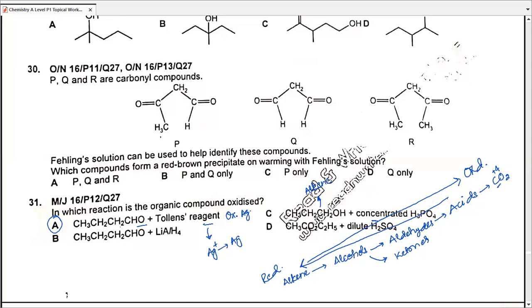Since this converts an alcohol into an alkene, this is definitely a reduction because a reducing agent is involved. And this one is also reduction. Why? Because in this case, we are converting an ester back into alcohol or carboxylic acid. Now, if I talk about ester being converted into an alcohol, the number of oxygen atoms decrease.